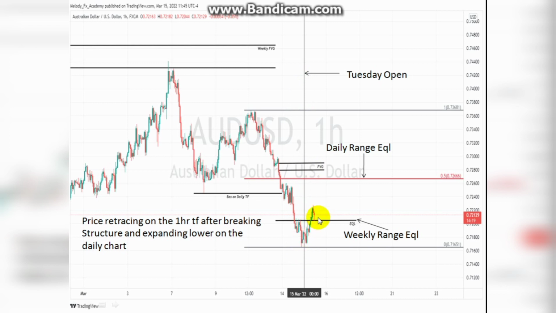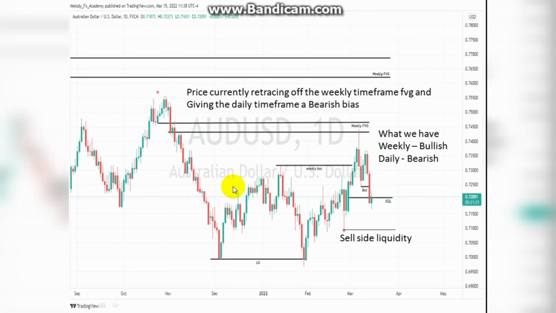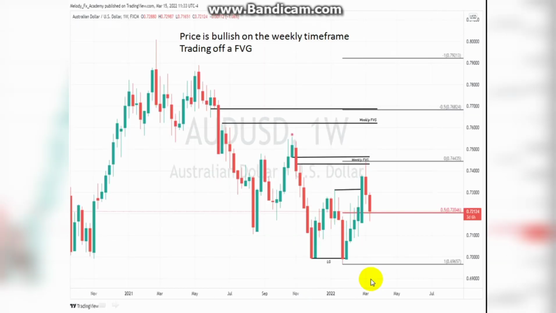None of this has happened. So we don't know for sure what is going on in the marketplace, but what we know is that we are currently below the equilibrium of the weekly range, the overall going up. We are currently below this equilibrium here, so I'm talking about this price action right here.